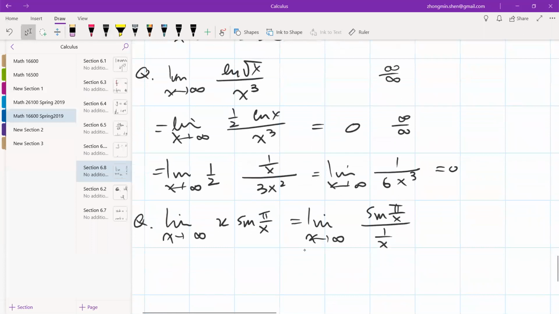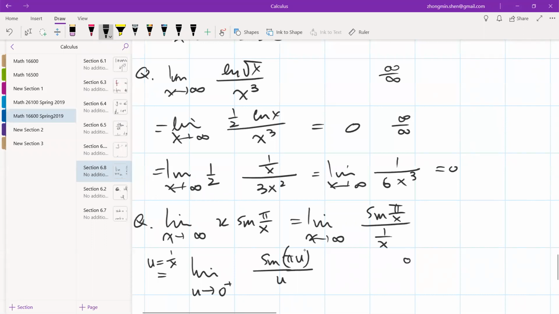Okay? You can use substitution. Let u be 1/x. When x approaches infinity, u approaches 0 from the positive side. It will be sine pi times u over u. Okay?